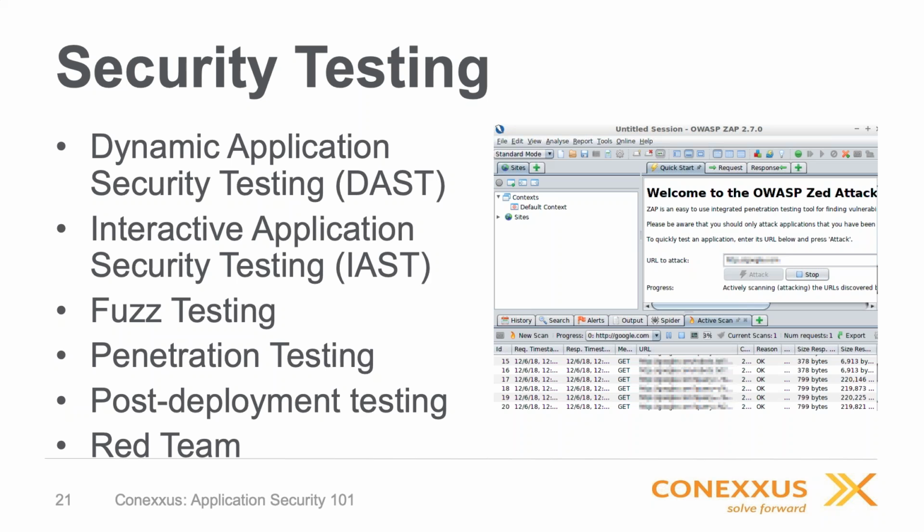Pen testing usually will contain DAST testing as a subset of it. So the pen testers usually will be running automated tools first or in parallel with what they're doing, just to have a tool go out there, spider things, and find particular areas of the application that have some vulnerabilities.